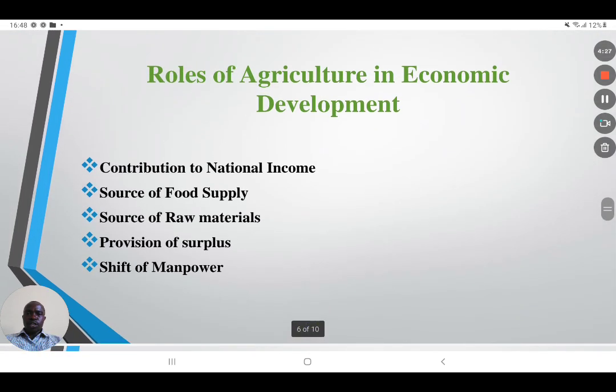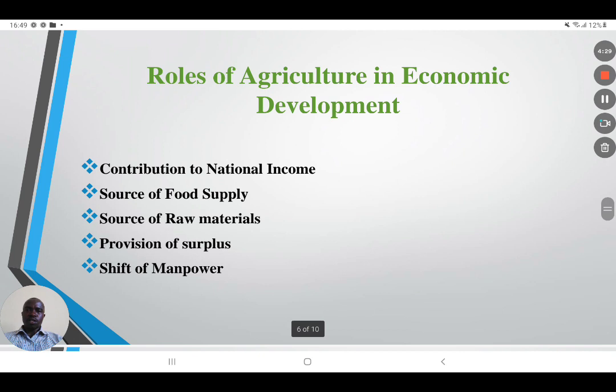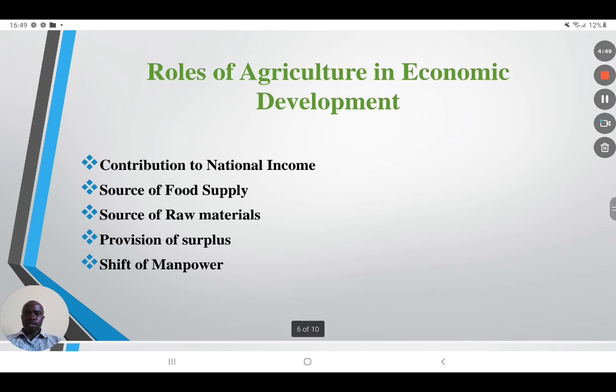Now we are going to look at different roles of agriculture in economic development of a country. Class, what are some of the roles of agriculture? Okay, to start with, agriculture contributes to national income.